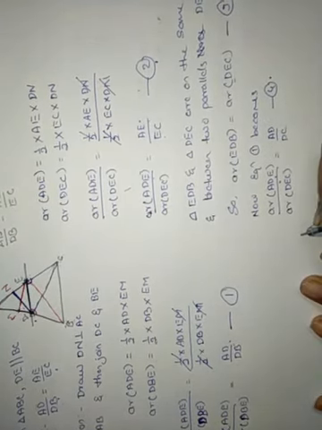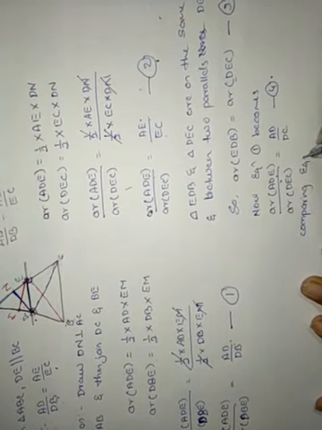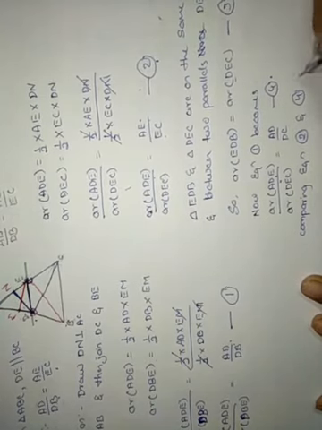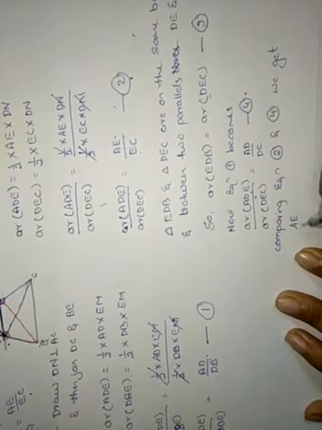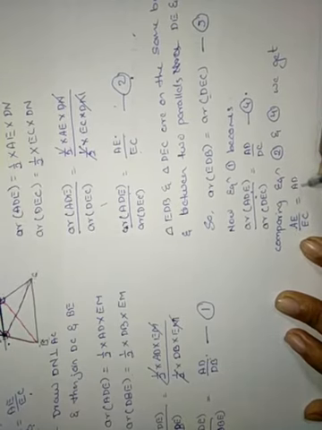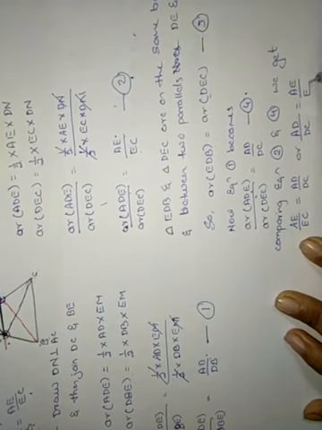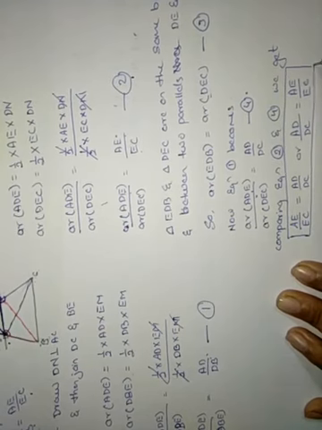Comparing equations 2 and 4, we get AE divided by EC is equal to AD divided by DC, or AD divided by DC is equal to AE divided by EC. This is what the BPT theorem states. This completes the BPT theorem proof.